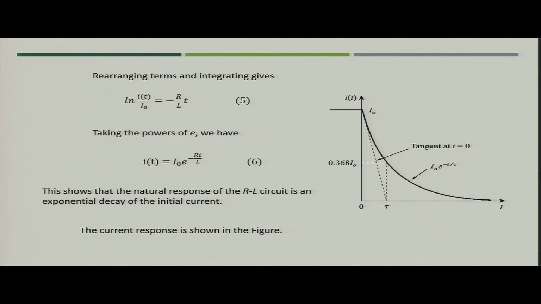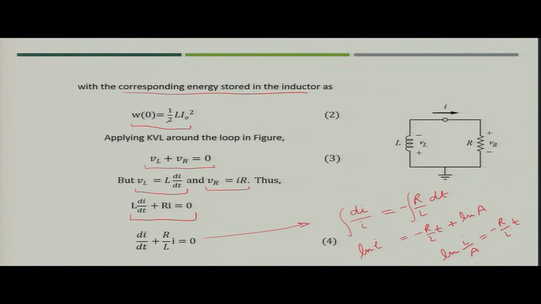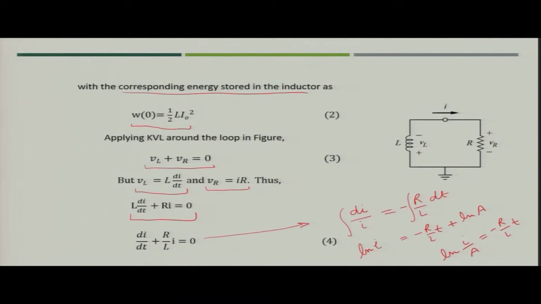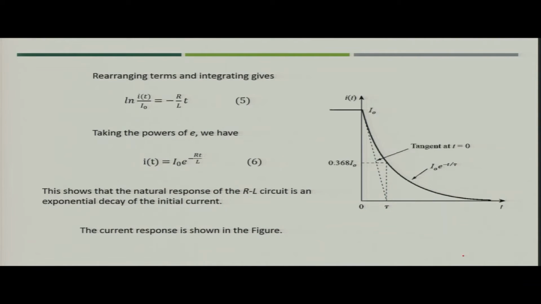Now, we know the initial value we assumed: i at time t equal to 0 is I naught. So, the value of A is nothing but the initial value of the current i, so we can replace A with I naught.